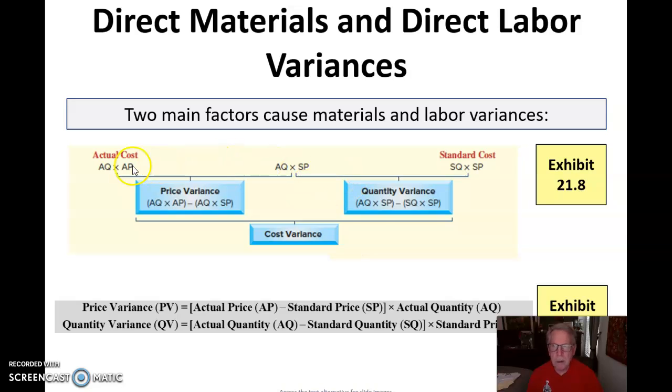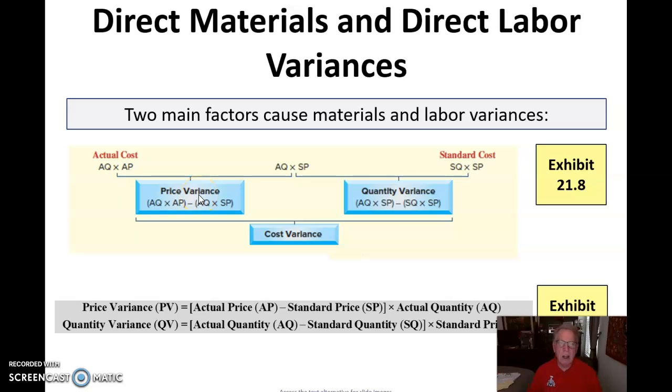And we're going to compute those costs under those three conditions: actual, actual, standard, standard, and then actual standard in the middle. Okay? So what we want to know is what the price variance is. And how we calculate that is we simply take the actual and compare it to our actual standard. And we'll compute a price variance from that.